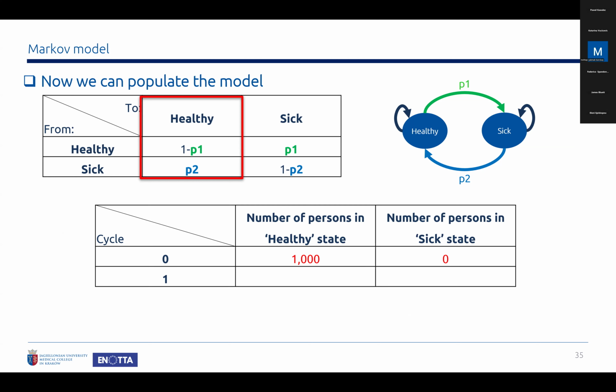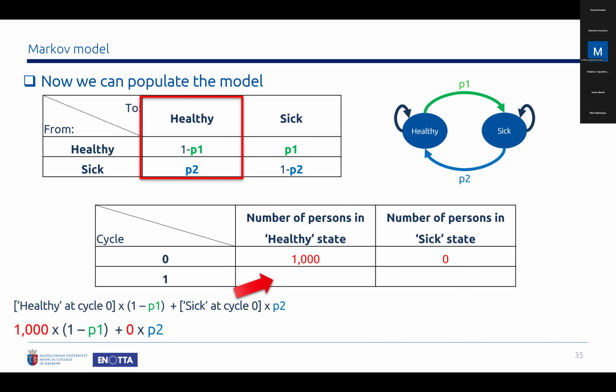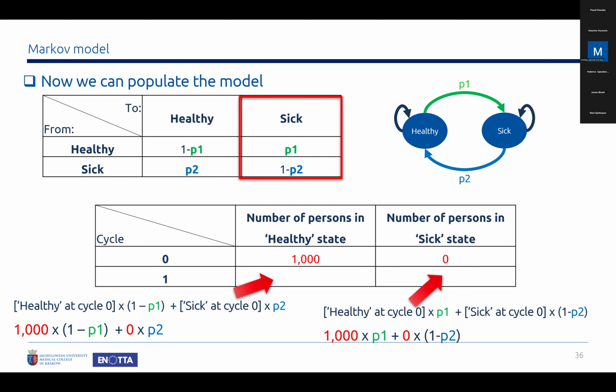We can use advanced math, some matrix algebra, but it's easier to look at each column of the matrix of transition probabilities and use basic math, multiplication and addition. Basically, use those formulas to populate the model.